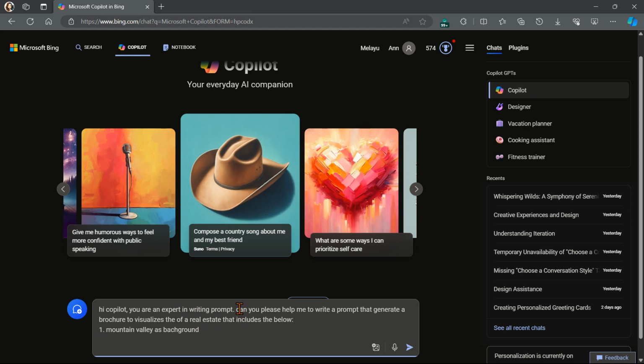The prompt that I asked Copilot: can you please help me to write a prompt that generates a brochure to visualize the real estate that includes the below. So these are the criteria that I want.